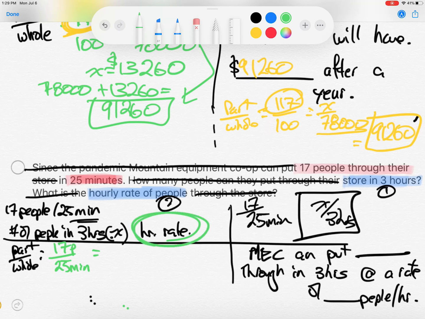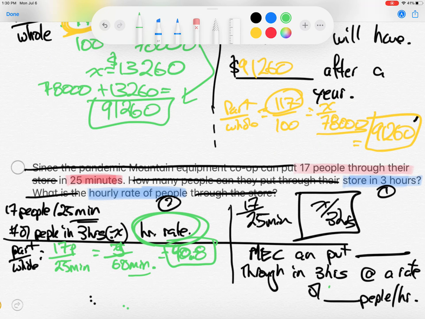Let's do the hourly rate first. This is going to be y over 60 minutes. Right, so I don't know how many I can do in an hour. So we go 60 times 17 divided by 25. It's going to give me 40.8. Now that's a raw number. Really that's 41.